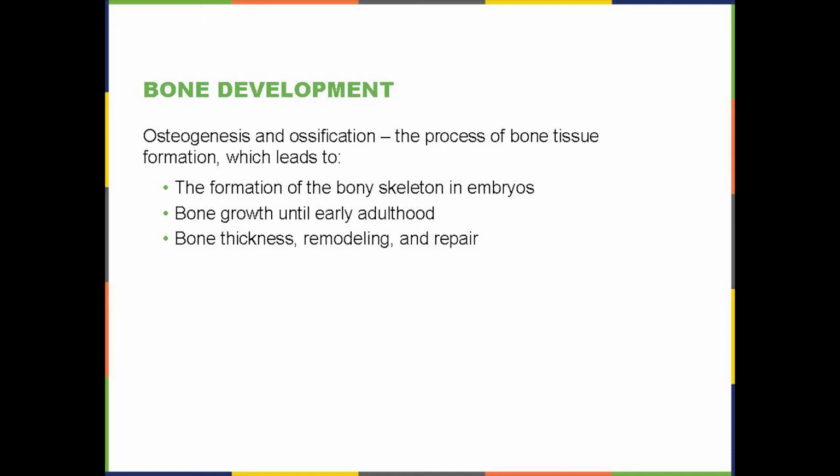Now, the matrix of this, and I find this fascinating, one of the things that gives bone its flexibility and its strength is the fact that it is made up of collagen, and as we get older, there's less collagen in bone.